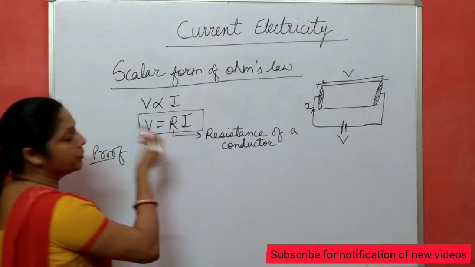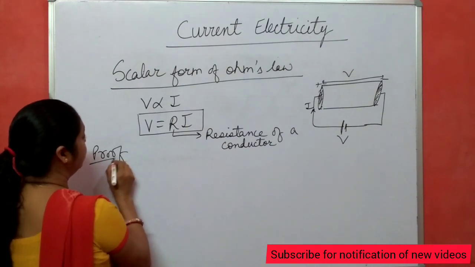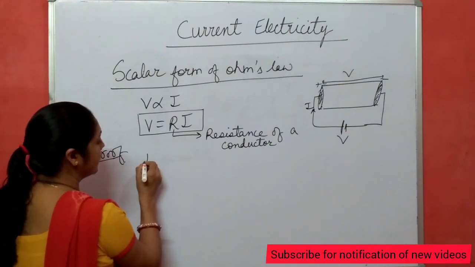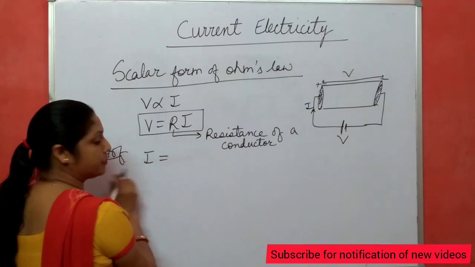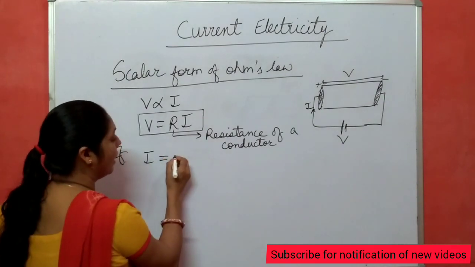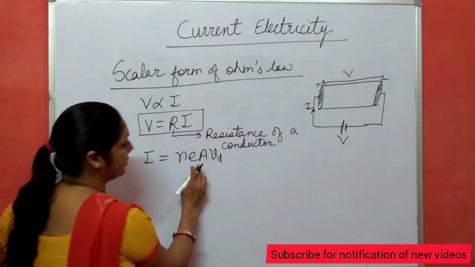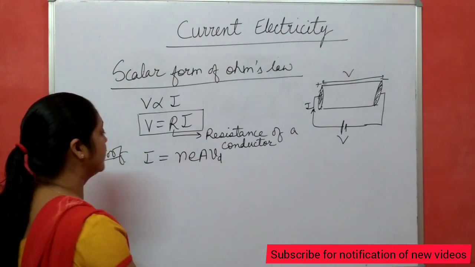But how do you prove this law? To prove this law, we start with the current. What is the expression for current in terms of drift velocity? I equal to NEA VD, where VD is the drift velocity.